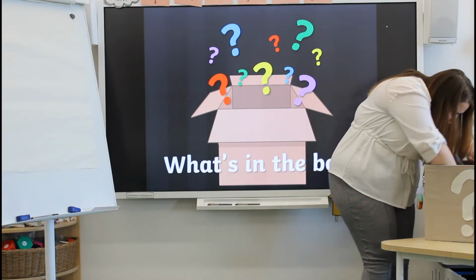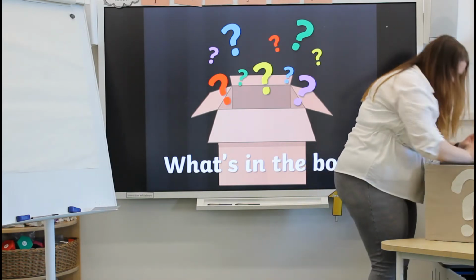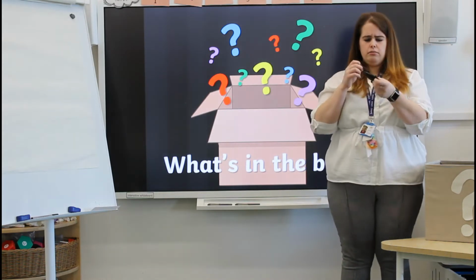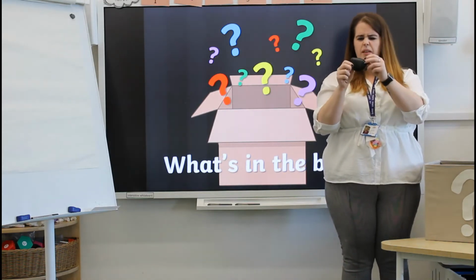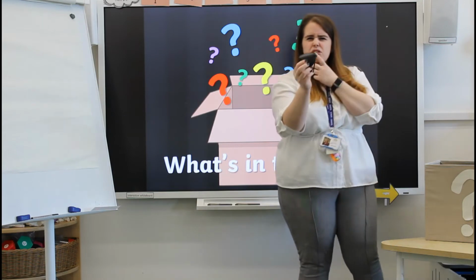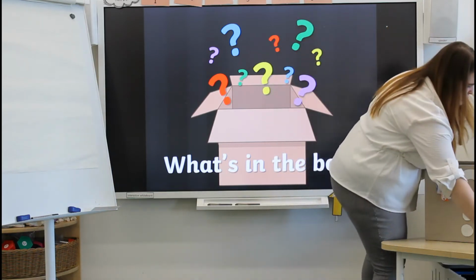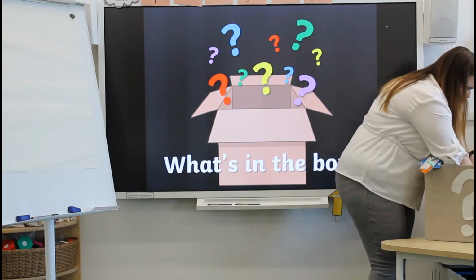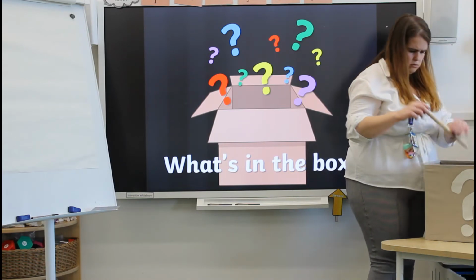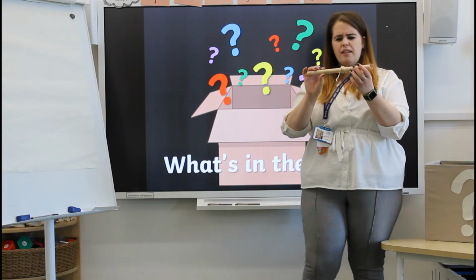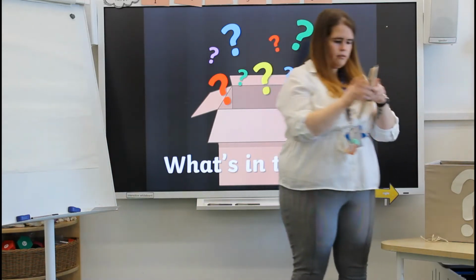Let's see what else I can find. Oh, this is interesting. I'm not too sure what this is. Do you have any idea, children? Let's leave it for the moment. We can have a little look at it in a second. Oh, now this is interesting. We seem to have some really old paper. Let's see if there's anything written on it.